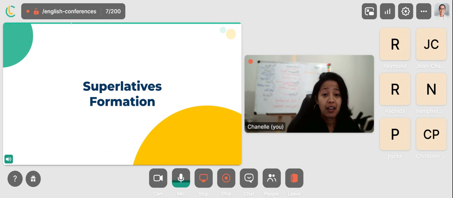So now that we have covered the comparative form and how we create it, we are moving on to the superlative. So in your mind, you can imagine a table, and we start with our adjective, and our adjective creates our comparative, and our adjective can also then create what we know as the superlative form.